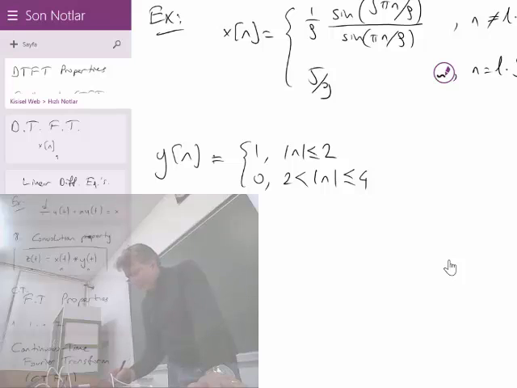And this is a definition between minus 4 to 4.